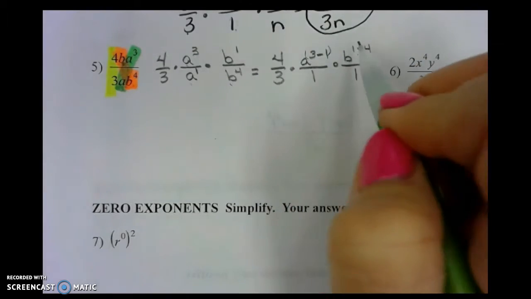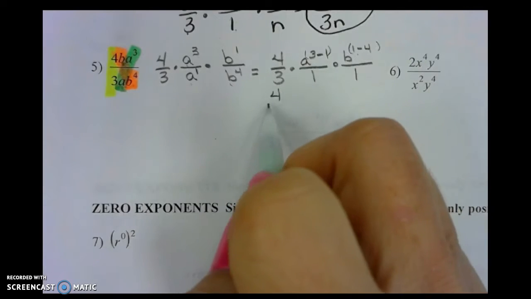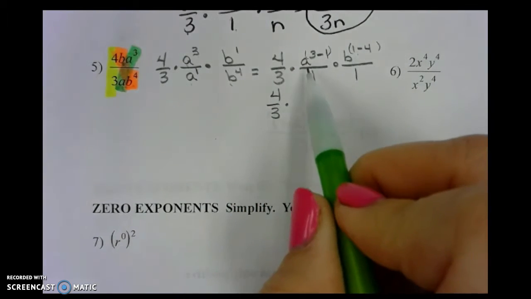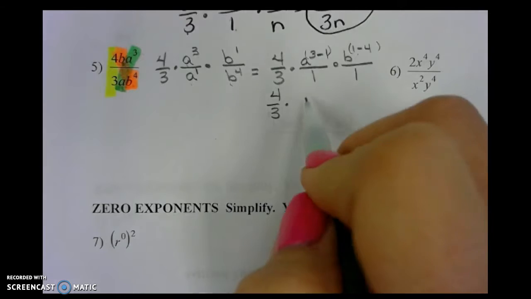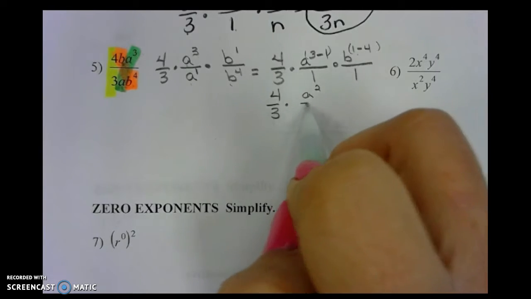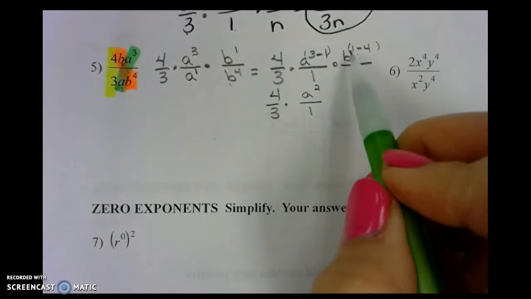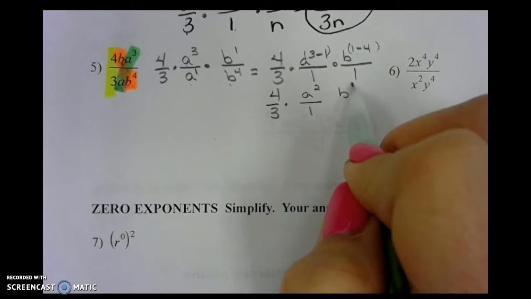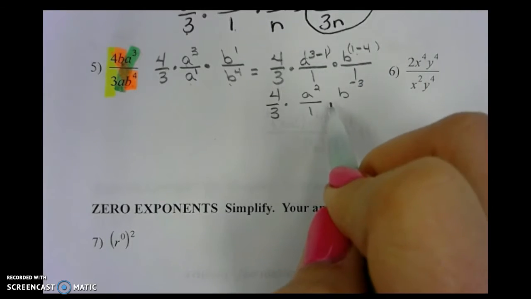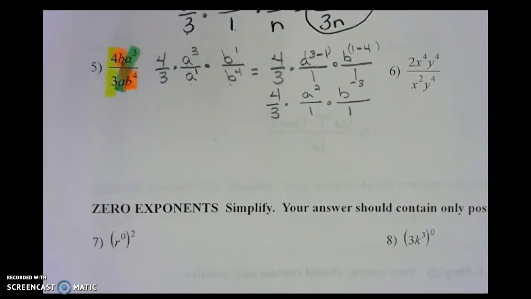Now we're ready to do that subtraction. 4/3 is untouched. We've got a to the 3 minus 1 is 2, still over a 1. B to the 1 minus 4 is b to the negative 3, and it's still over a 1.